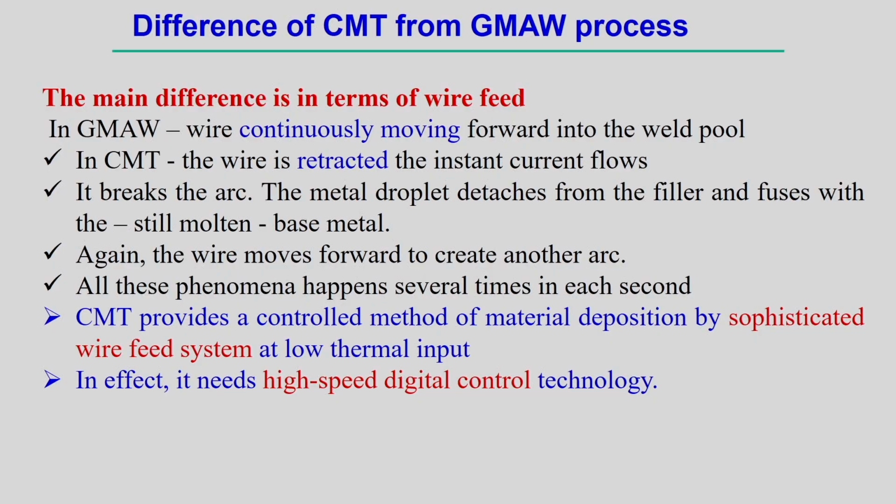Once it is retracted back, at that instant of current flow, it breaks the arc. Once the arc breaks, the metal droplet detaches from the filler wire, or electrode, and fuses with the molten base material. In this way the material is transferred in this process.